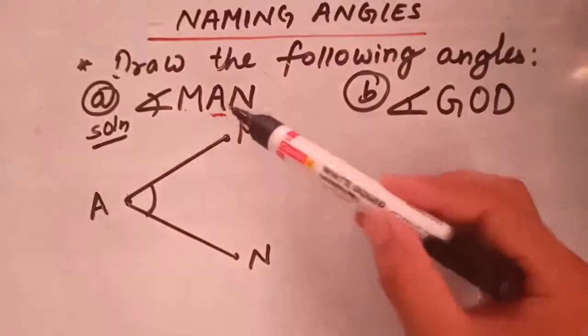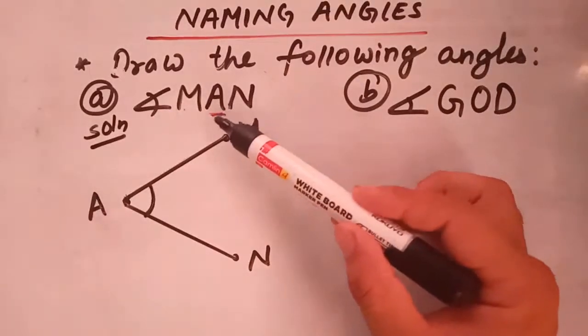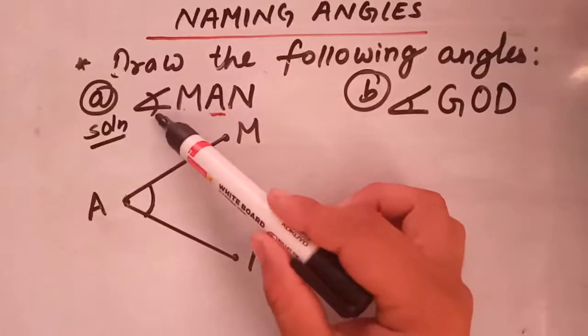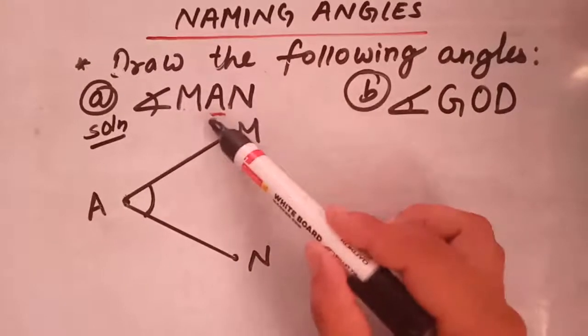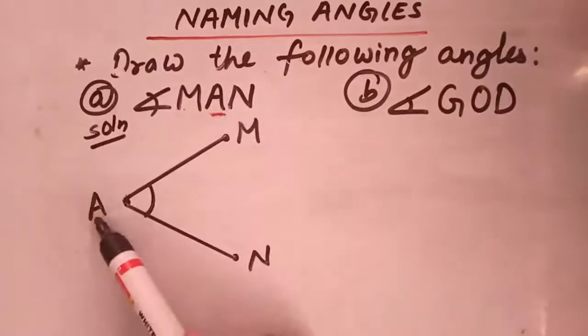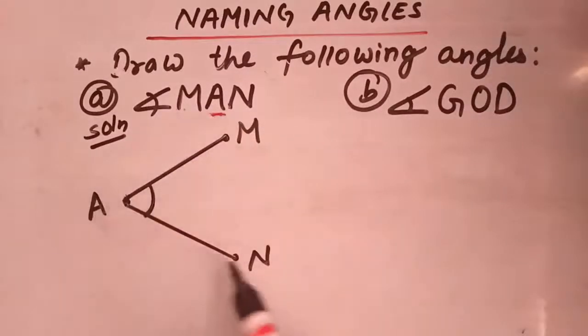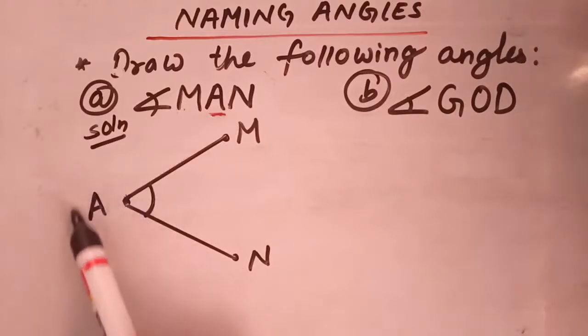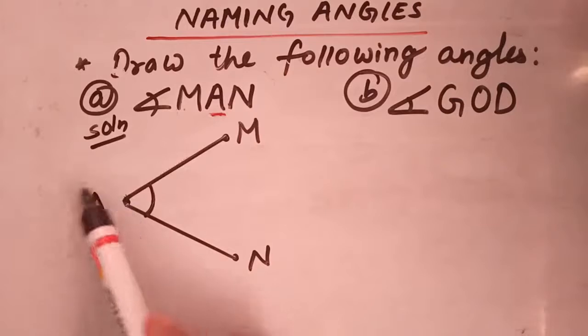You can check it. As the question had asked us to draw angle MAN where A is your vertex. Here you can see MA and NA, they have met at point A, so the meeting point is your vertex. A is your vertex.